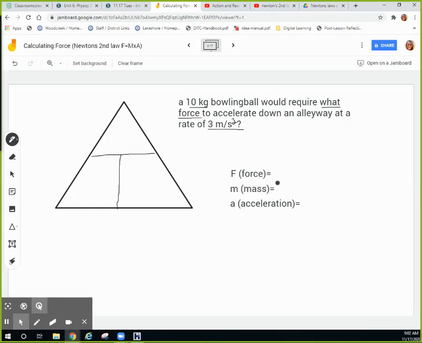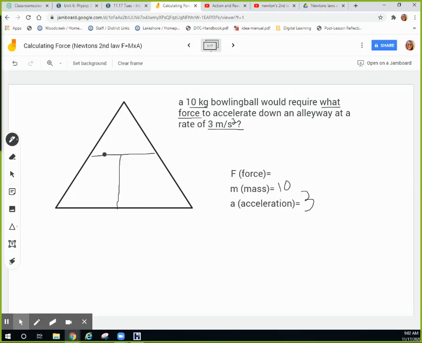Okay, so 10 kilograms is my mass. And that means 3 meters per second squared is my acceleration.